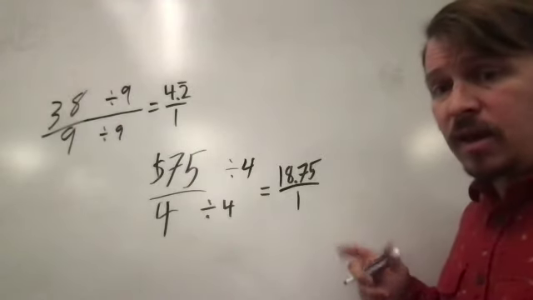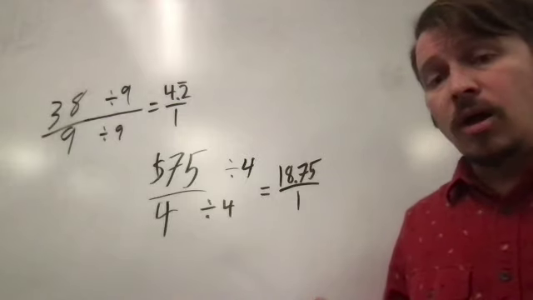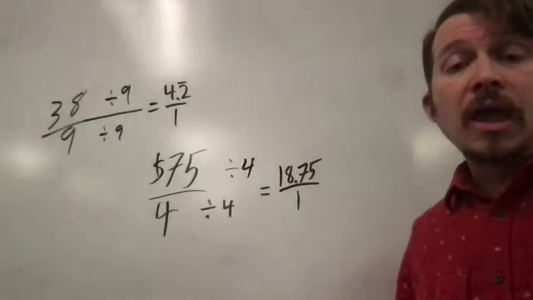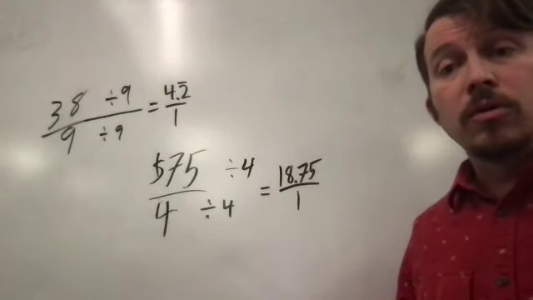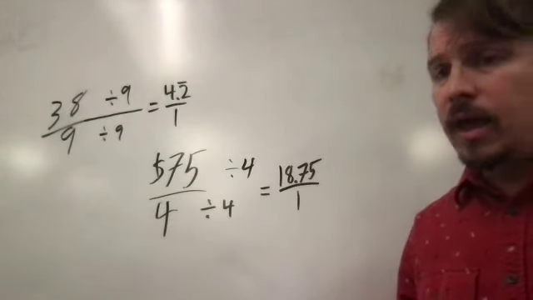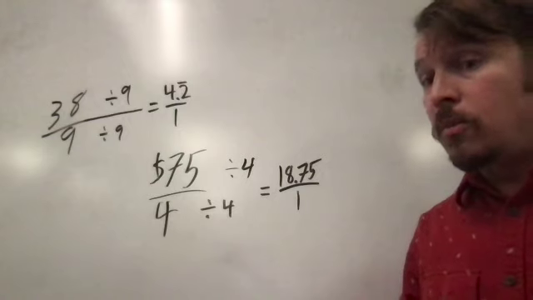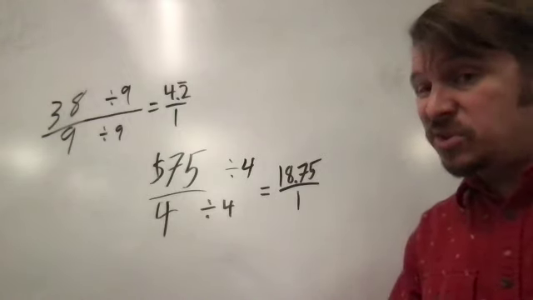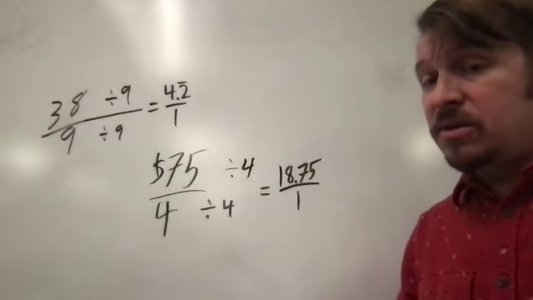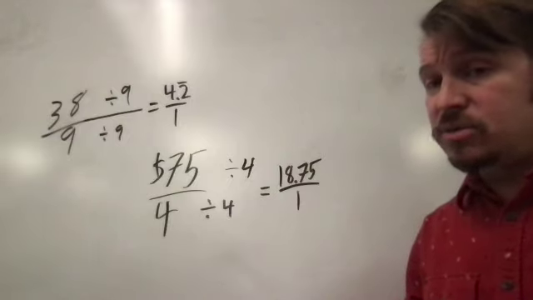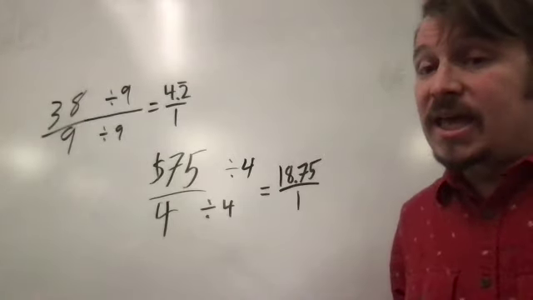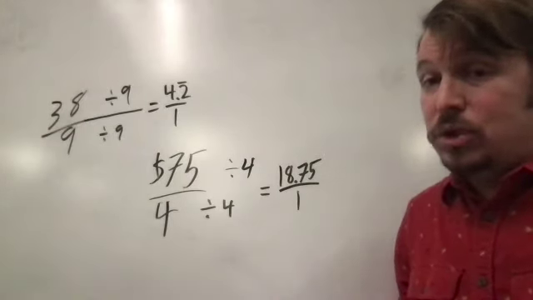Boom, like that. 75 by 4, the unit rate works out to $18.75 for each person. $18.75 per one person. That's an easier to deal with bill than having to pay all $75 yourself. And best of all, it means we know how to do unit rate.